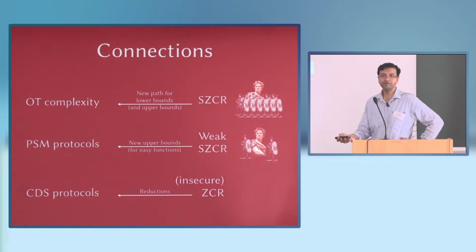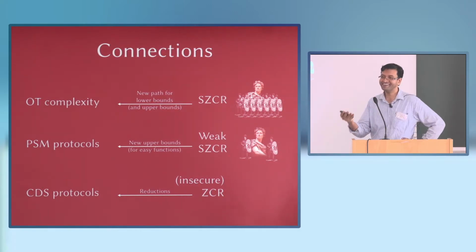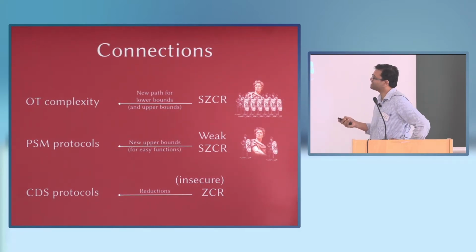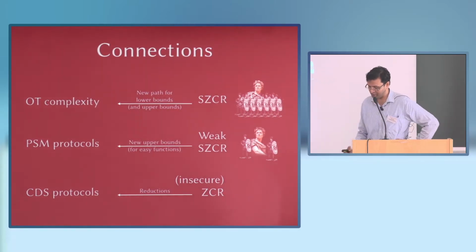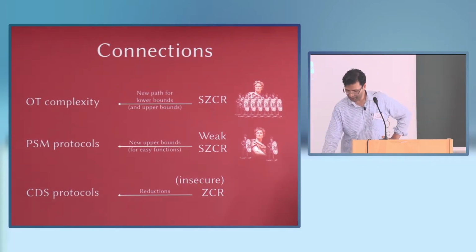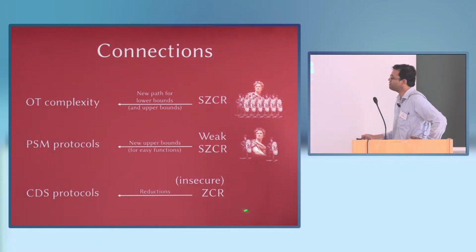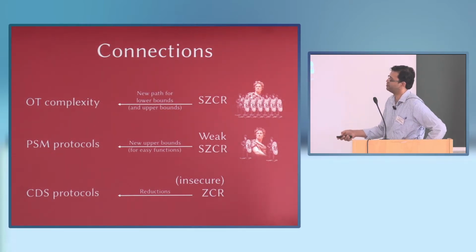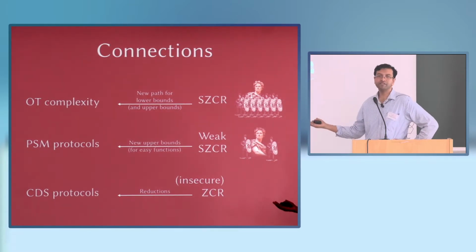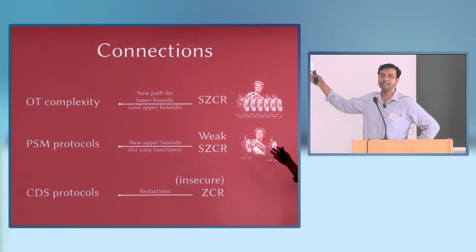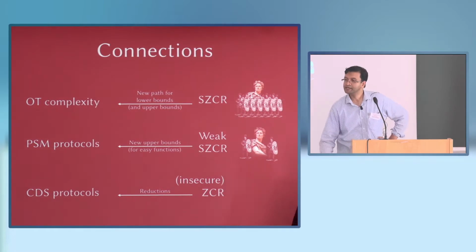We actually give an upper bound, so sorry, but it's a very simple upper bound, but it seems like a new way to look at the problem. And finally, the ZCR itself has some easy connection to CDS. So maybe I'll start off with that, and then I'll tell you the other things.